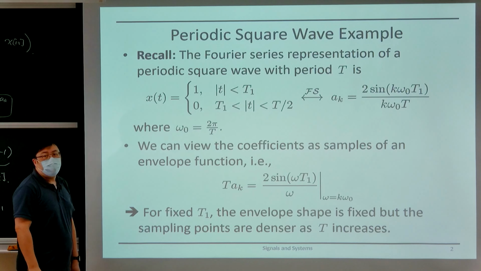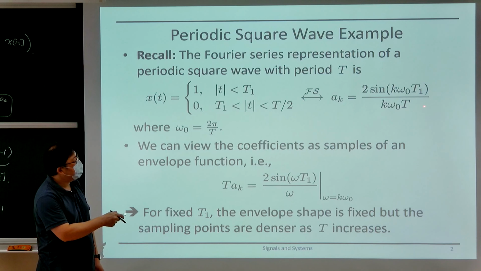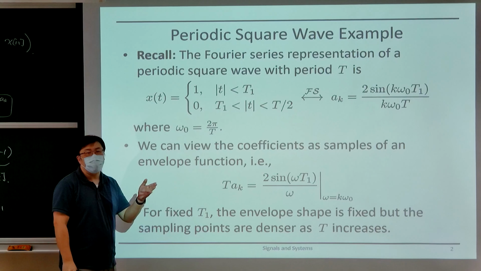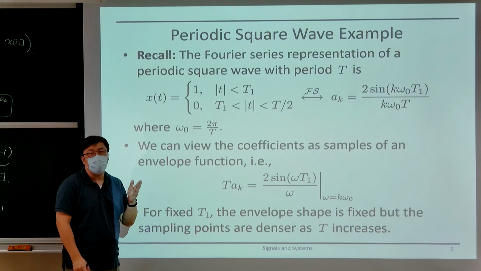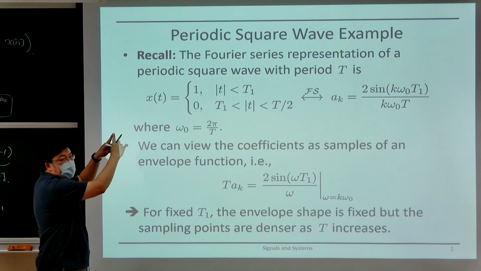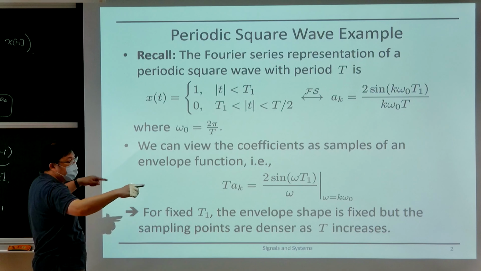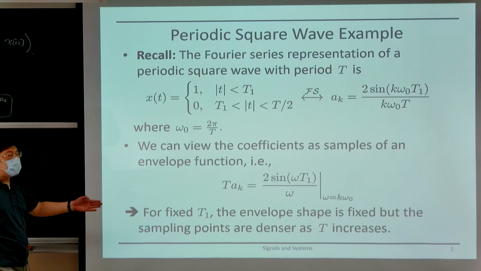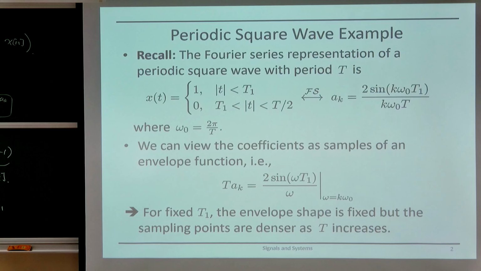And if you recall, this can be viewed as samples of what we call a sinc function, a function that peaks at the origin and then ripples away as the frequency increases. So this Fourier series coefficient can be viewed as samples of an envelope function that takes on the shape of a sinc function.